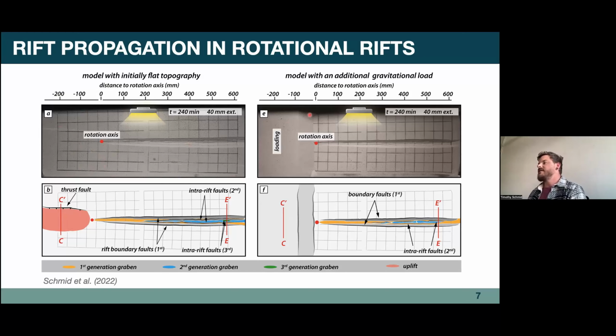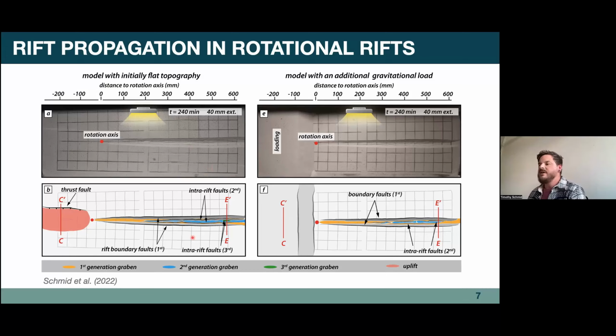And on the right side, we have a model where we have an additional gravitational load in this model domain. We can say that the deformation at the final stage of the model run is in both cases fairly similar.